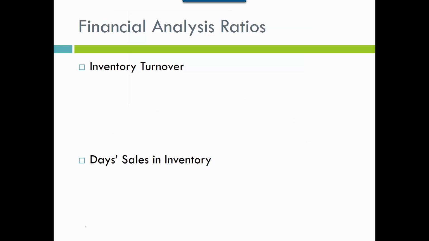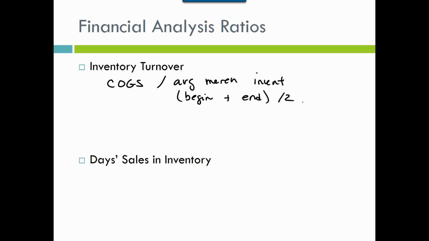And the last thing I want to show you in here is some financial ratios that are very, very important to merchandisers. The first one is inventory turnover, and this is calculated as cost of goods sold divided by average merchandise inventory. And anytime you see average in these financials, that always means you take the beginning balance plus the ending balance divided by 2.